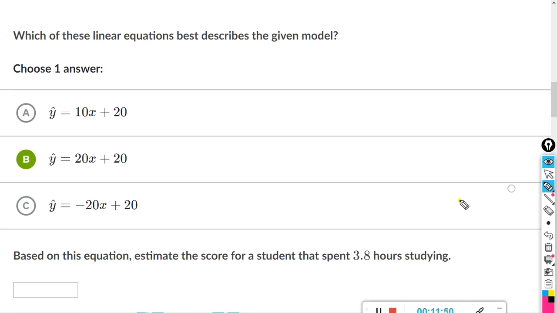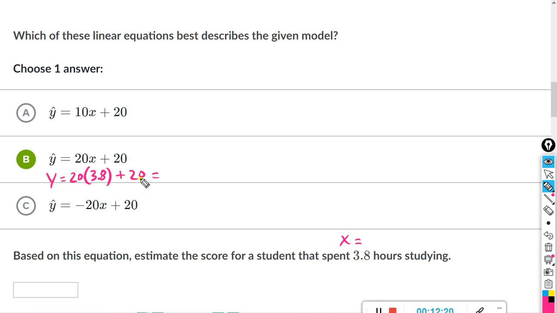So this is x equals 3.8. Right here, we have y equals 20 times x, which is 3.8, plus 20. Do it on the calculator. 10 times 3.8 is 38.